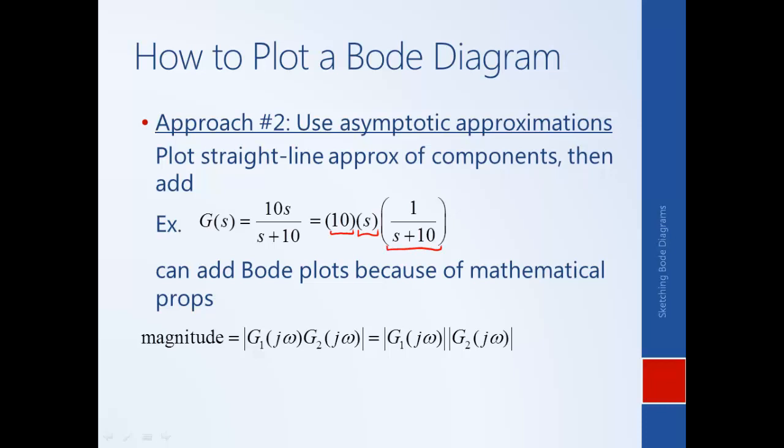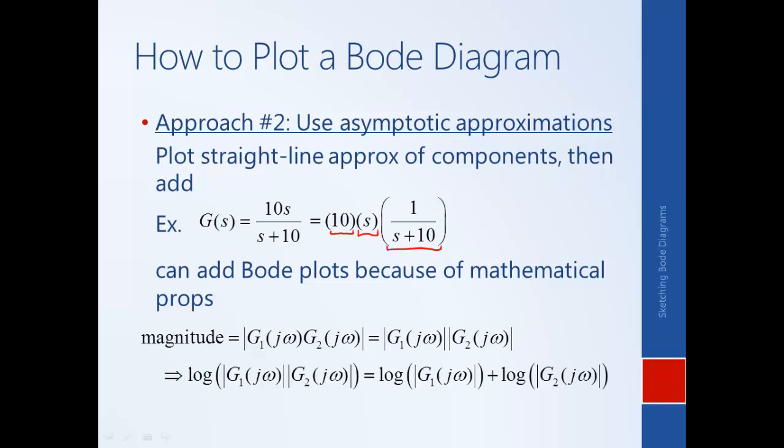And then if we go further and take the logarithm of this, because the magnitude plot is drawn in terms of decibels, you may recall that the logarithm of a product is equal to the sum of the logarithms. This property, something that maybe you remember from way back in algebra, allows us to add the magnitude plots of the individual components.